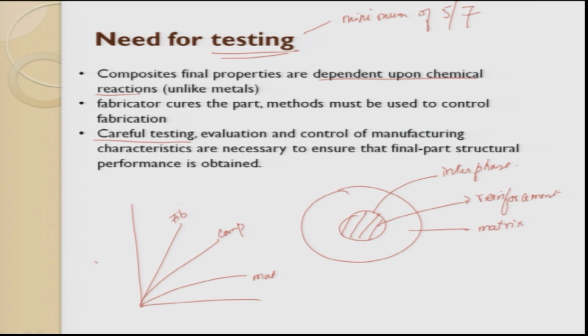But here it is stress versus strain. This is a theoretical one. In reality, you will have a lot of kinky structures, and you can also have a premature failure. So it is always advisable to do a minimum of 5 to 7 tests of whatever sample testing you do as far as composites are concerned. Then you can have a mean and error for every point.